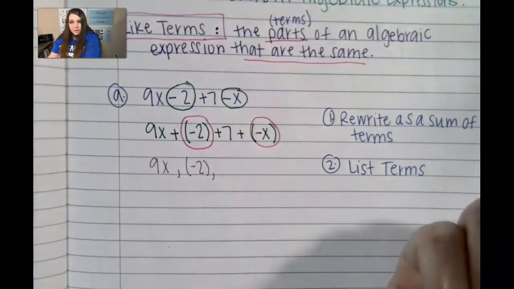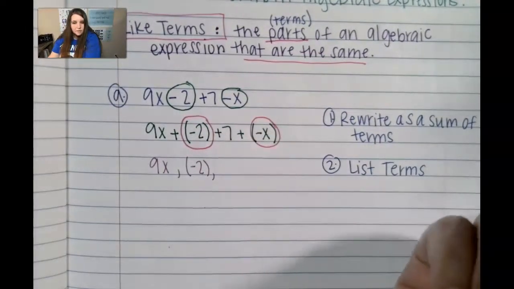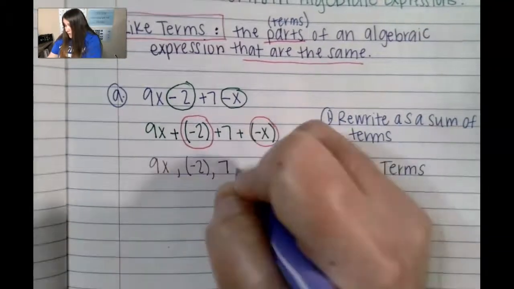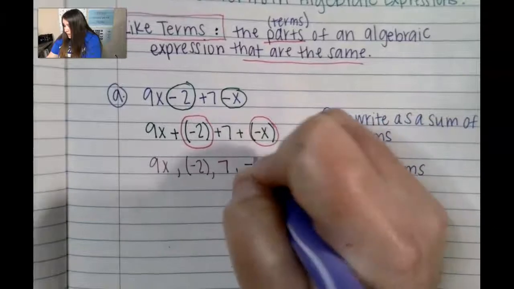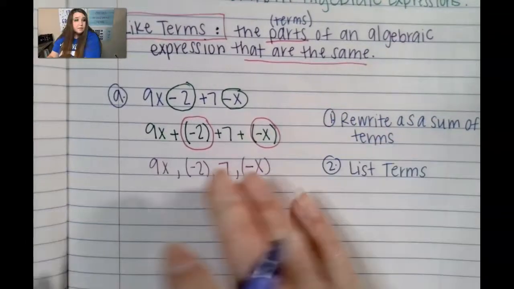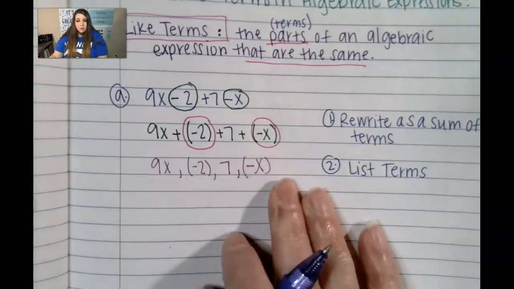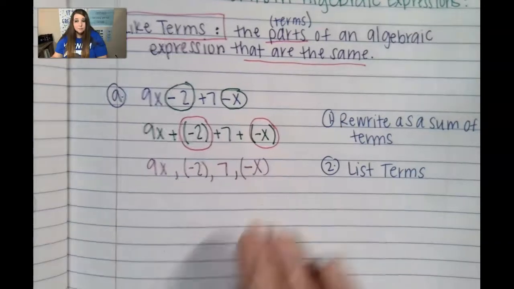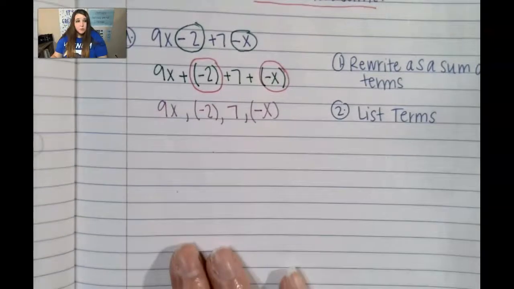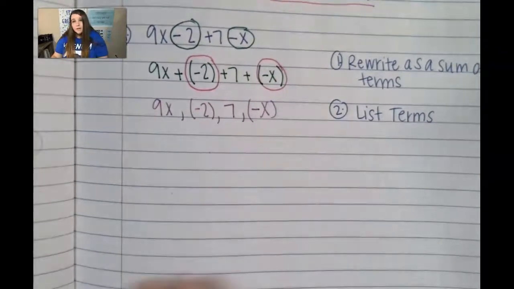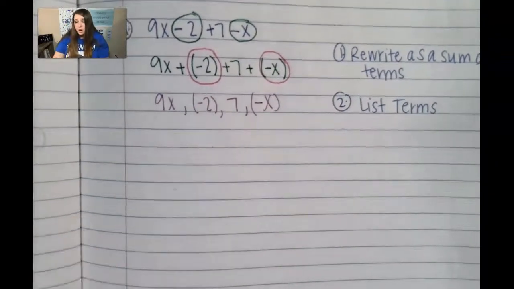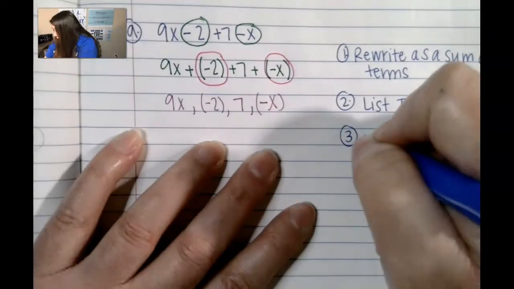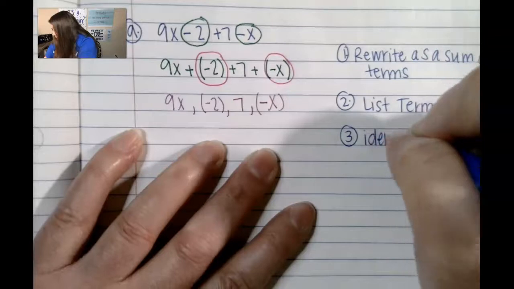In order to make this sentence, as if this were like a recipe, I would need a 7. And last but not least, I would need a -x. These are the things I need in order to make this sentence. So what we're going to do now is we're going to identify the things that are alike. So now, step 3, identify like terms.